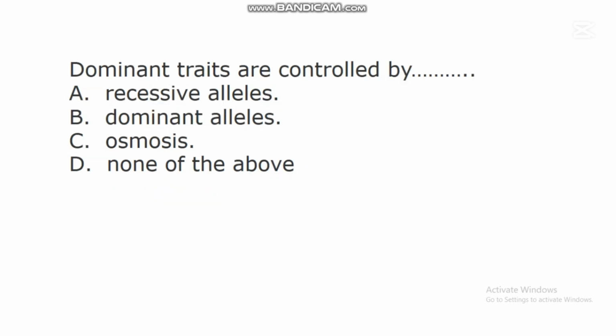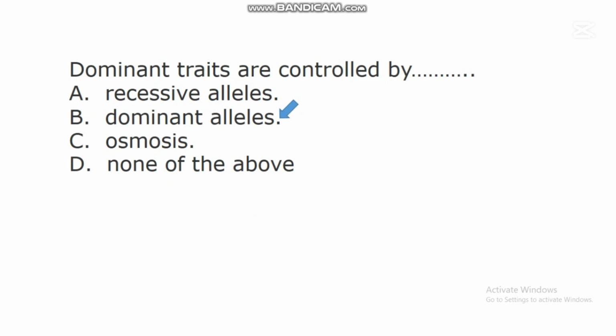The next question says, dominant traits are controlled by dash. A, recessive alleles. B, dominant alleles. C, osmosis. D, none of the above. In this question, the correct answer is B, dominant alleles.